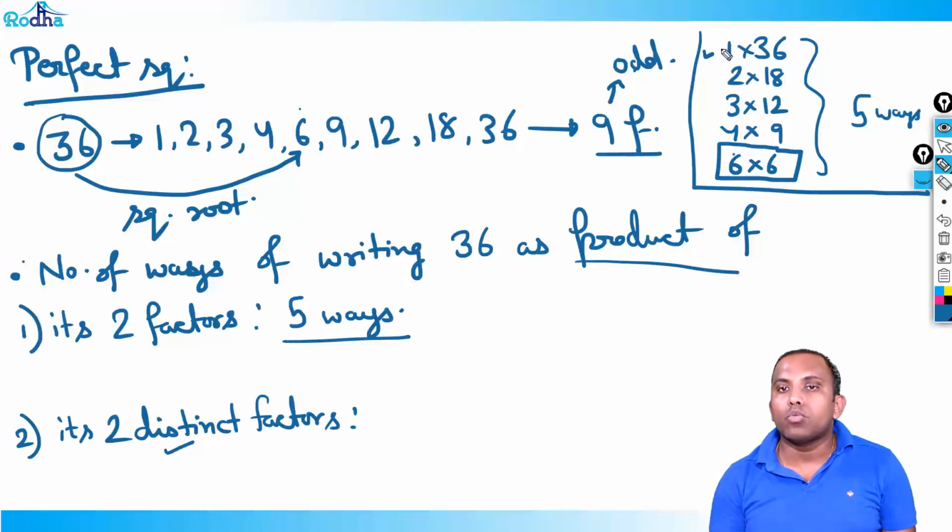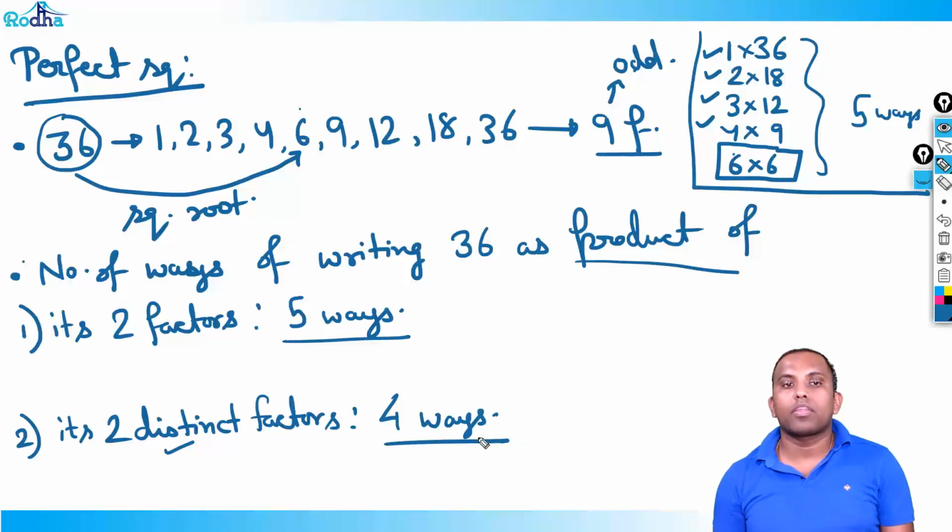Two distinct factors means 1, 2, 3, 4, so the answer will be 4 ways. So the number of ways of writing 36 as a product of its two factors is 5 ways. Since there are 9 factors, 4 ways for distinct plus 1 way for not distinct, since these two are the same. If it's distinct, only 4 ways.